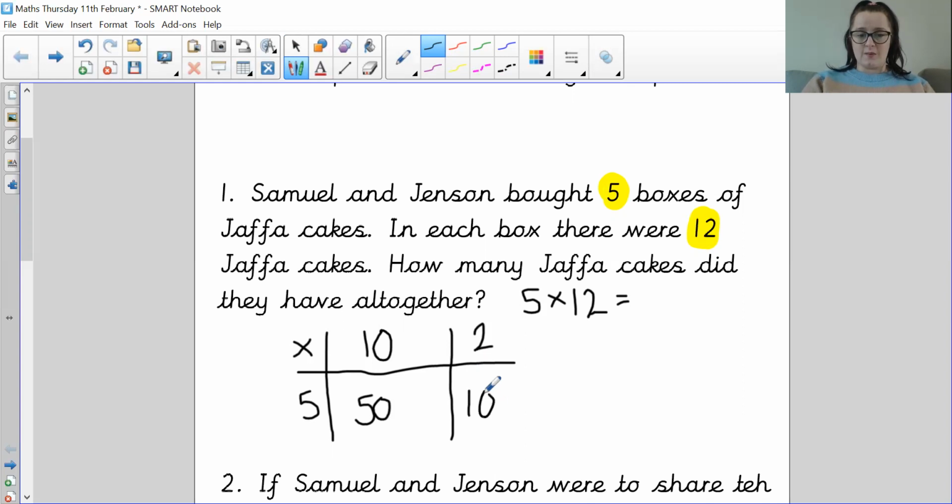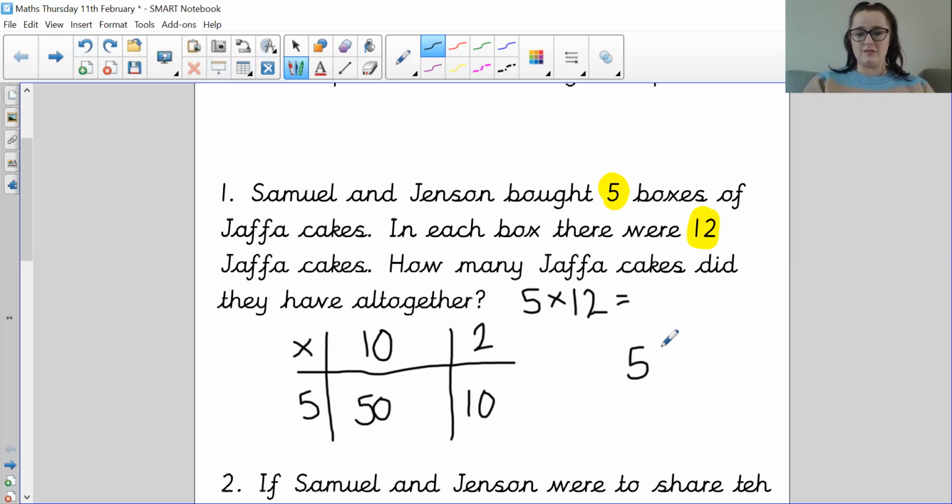Then what is the next step I need to do? Can you remember? Looking back all the way to Tuesday, I need to add those together, don't I? So 50, add 10. Oh, that's an awful line. Let's delete that.